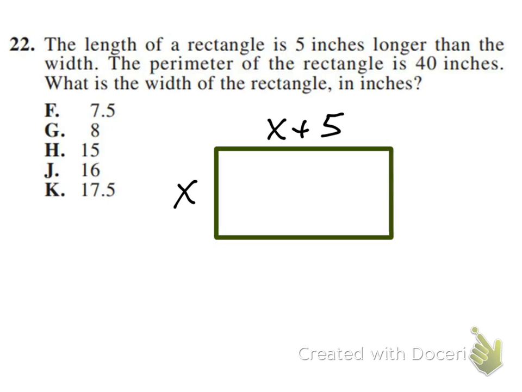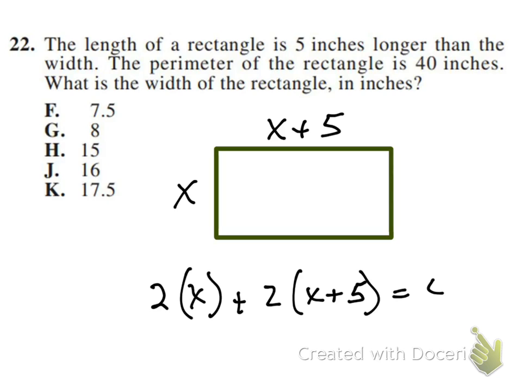And then they want us to find the perimeter, right? So what is the width of the rectangle? 2 times x plus 2 times x plus 5. Twice the length plus twice the width is the perimeter, equals 40.